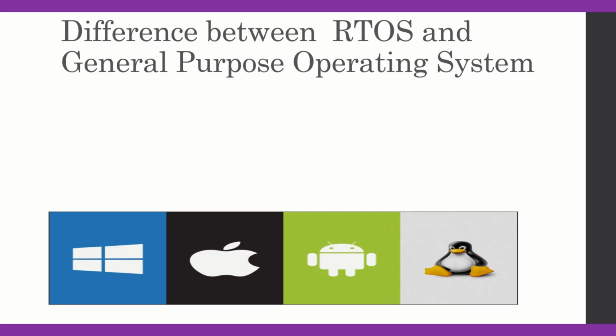Now let's understand the difference between the real-time operating system and general purpose operating system. These are general purpose operating systems: Android, Windows, Mac, etc. In the GPOS, while designing, the emphasis is given on the throughput.